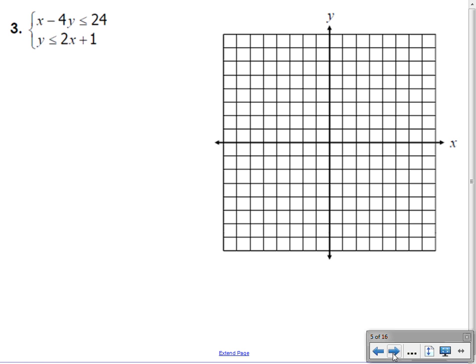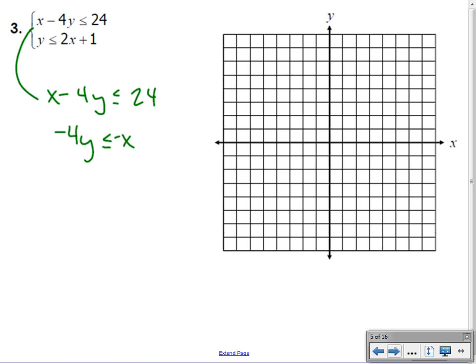So what if we had one where it's not in slope-intercept form? Well, we've got to get it in slope-intercept form, just like we did last time. Our top inequality is jumbled up. We need to get y by itself, so I'm going to do some work down here. To get y by itself, we need to subtract x from both sides first.